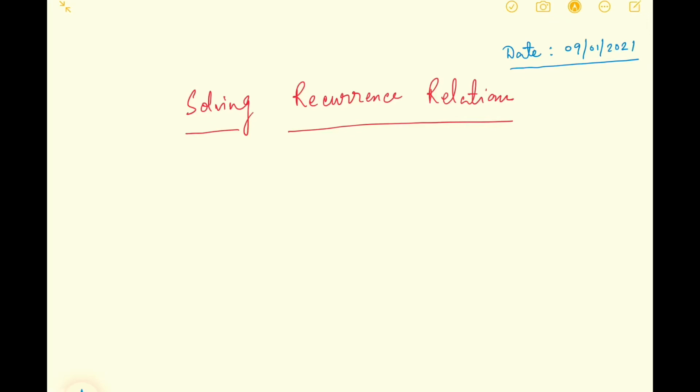Today we will see various topics for solving recurrence relations. Now what is a recurrence relation?